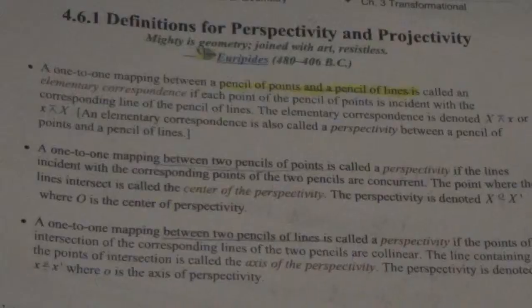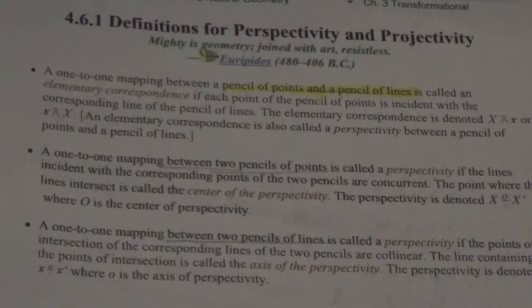Now, furthermore, we have this third definition listed: a perspectivity between two pencils of lines. When you hear pencils of lines, what we're really talking about is that we have two different points, and we're considering the lines that pass through each of those points.